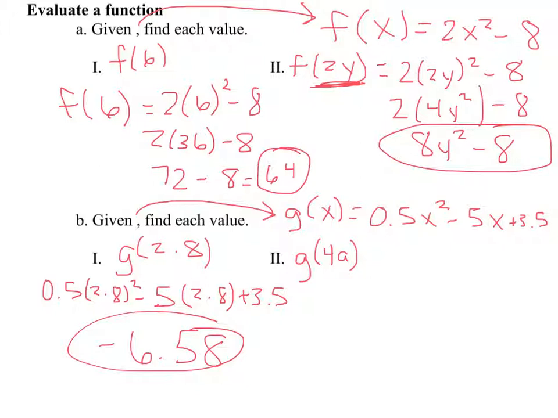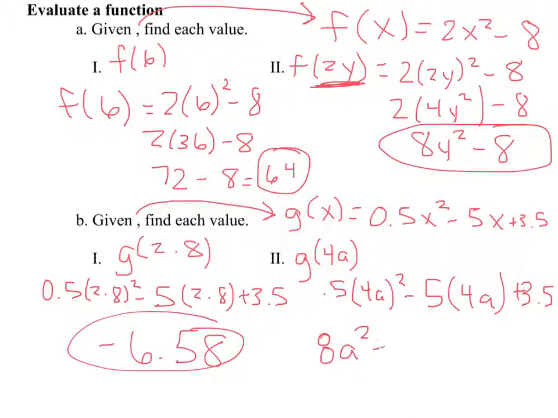For g of 4a, we're plugging in 4a for every value of x. So we're going to have 0.5 times 4a squared minus 5 times 4a plus 3.5. And if we evaluate that, we're going to end up with 8a squared minus 20a plus 3.5 for our final answer.